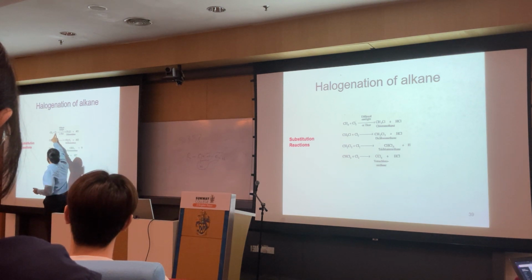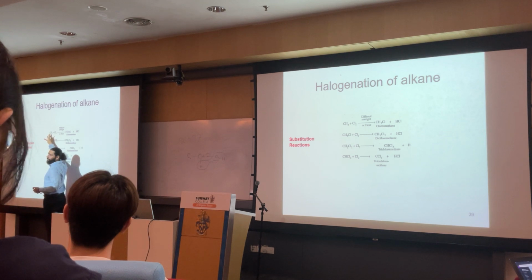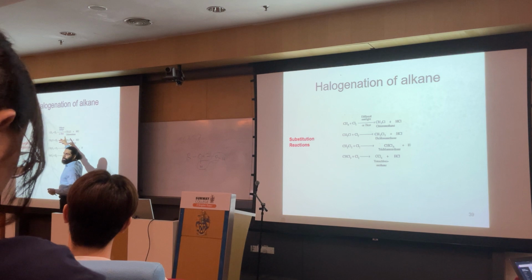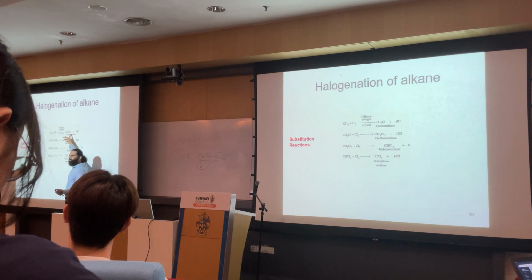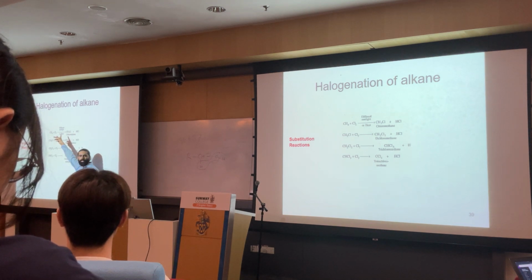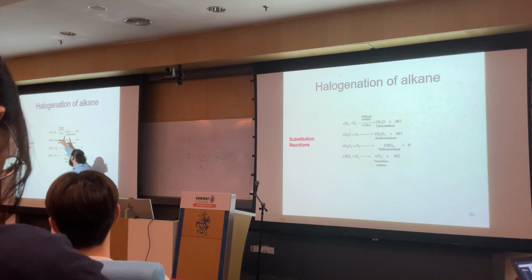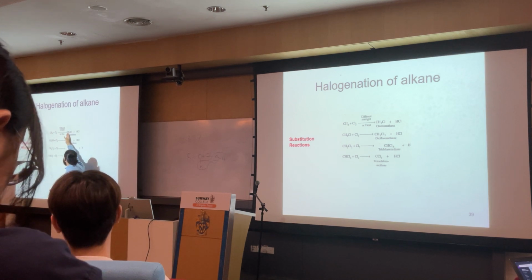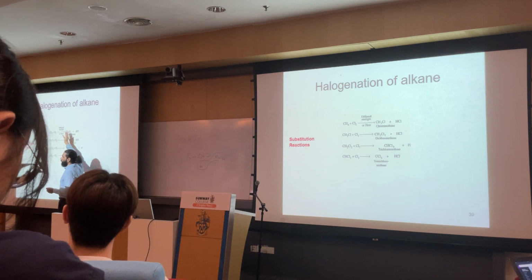One chlorine atom will substitute one hydrogen of your alkane. And as a product, you will get alkyl halides. Remember that this type of functional group, which we looked at in last week's lecture, is called alkyl halide because of the alkyl part and the halogen part.